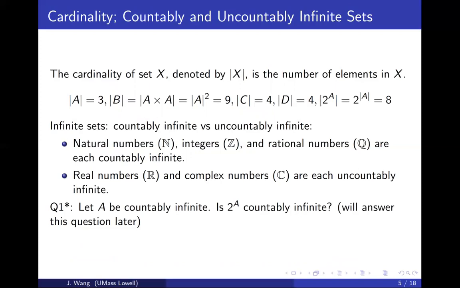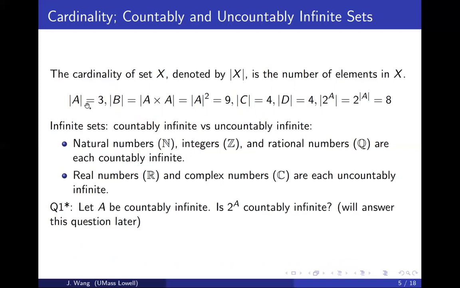Okay, and then we are going to define the cardinality of a set X, which is the total number of elements in X, and we're going to use bars around X to indicate the cardinality. So the cardinality could be finite and of course could be infinite.